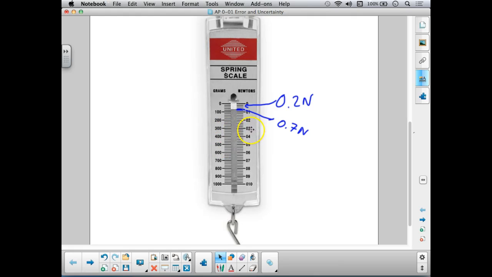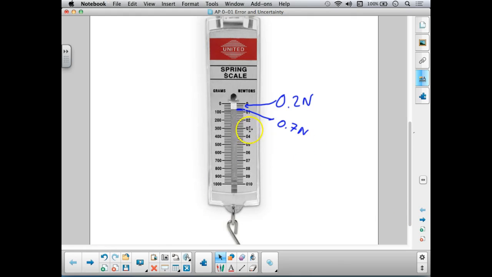So I thought I was measuring 3 newtons of force, but really I measured around 300 grams, and that's the value that I wrote down on my lab paper. I wrote down 300 newtons when really the scale was reading 300 grams, and I thought I was measuring over here in newtons. Well, that's easy to fix if we realize that's the mistake that we made.